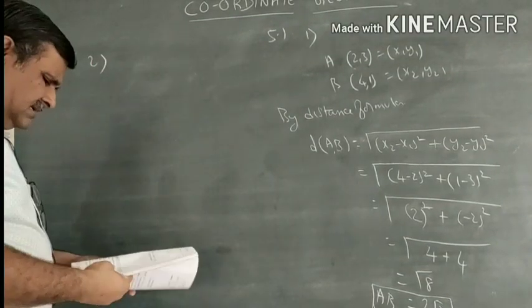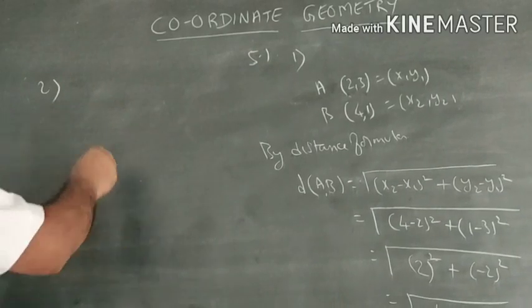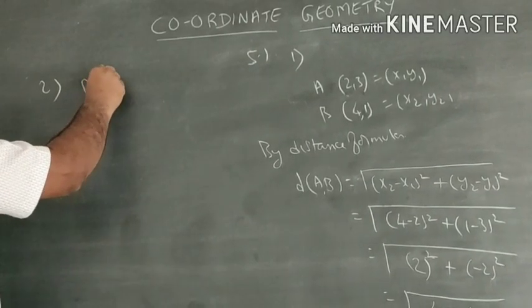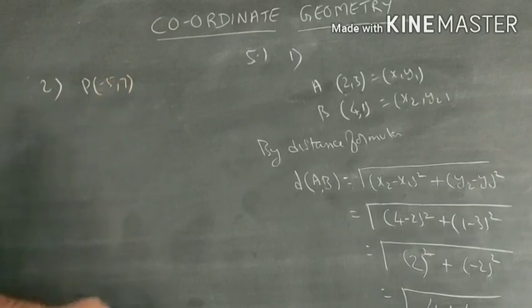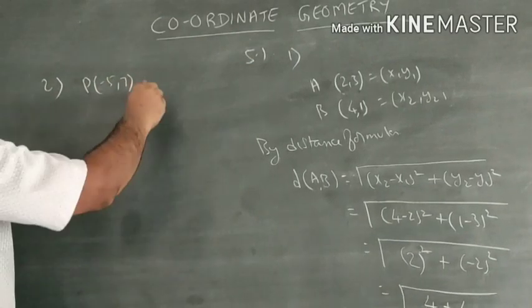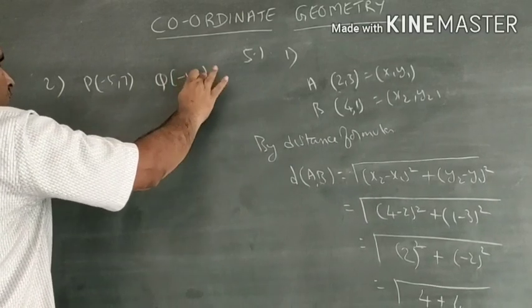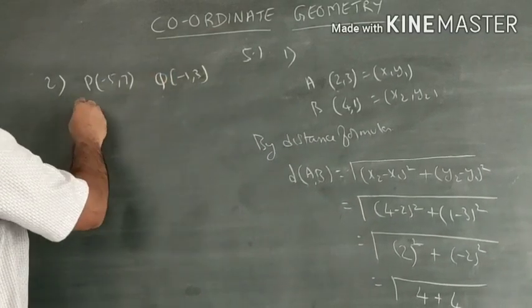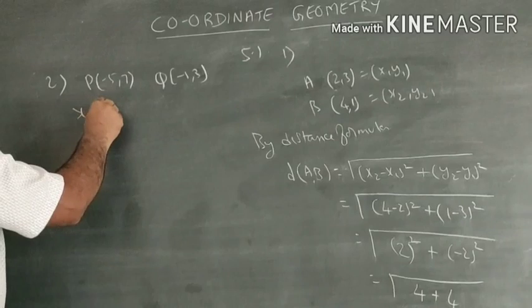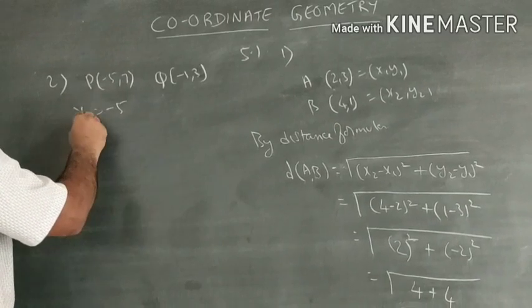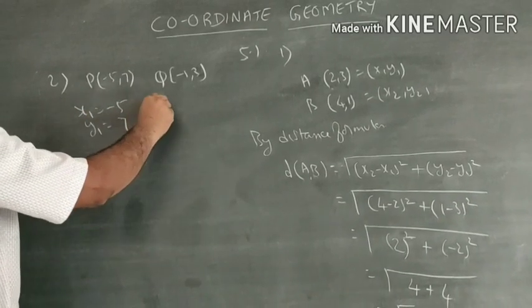Second sum is P minus 5, 7. See, coordinate of P is minus 5, 7. Coordinate of Q is minus 1, 3. Here x1 is minus 5, y1 is 7.